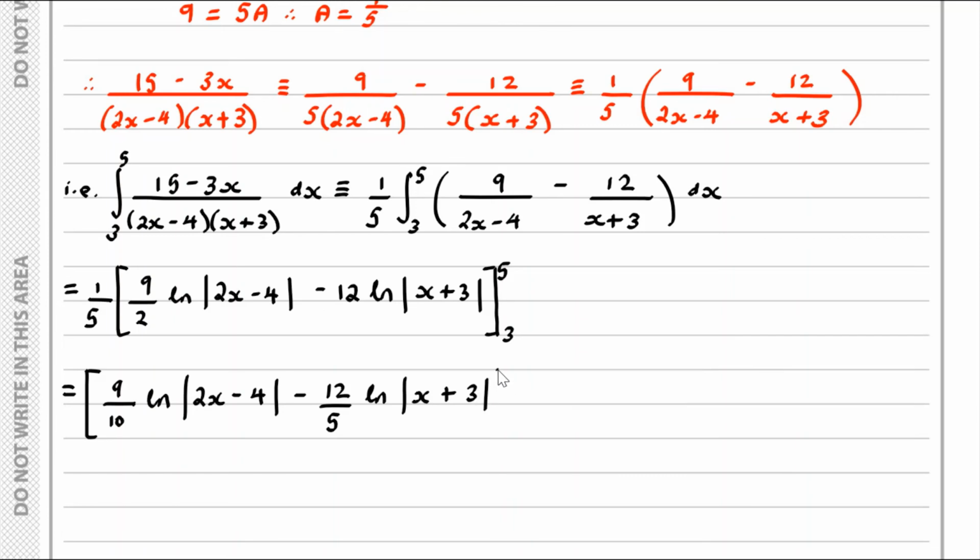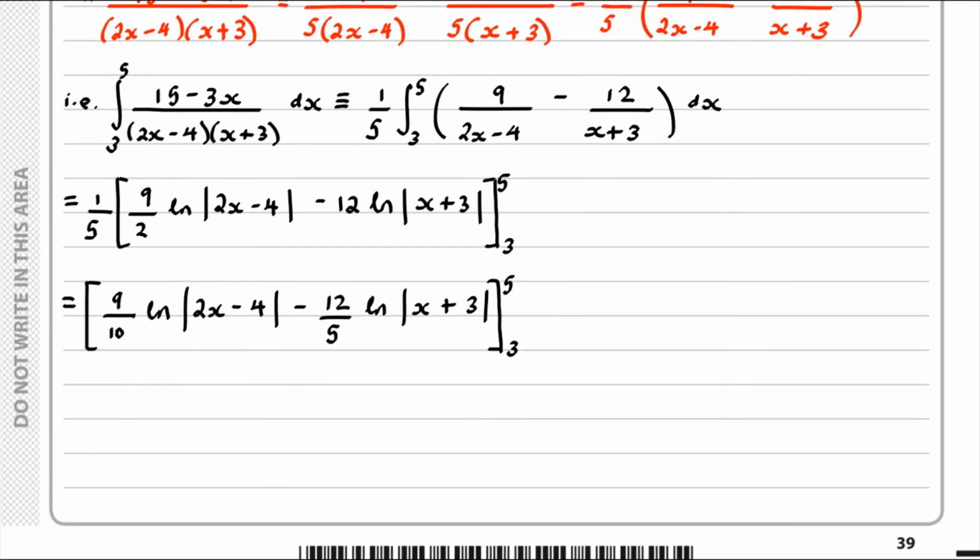And we're evaluating this between 3 and 5. Okay, so what we now need to do is substitute in for our upper limit and our lower limit.